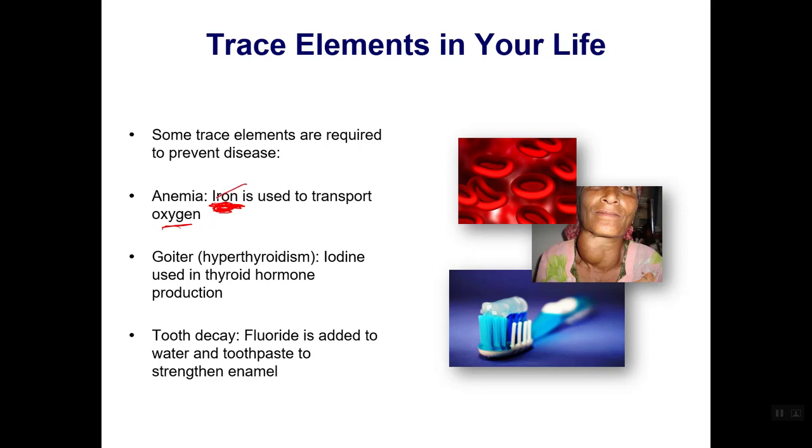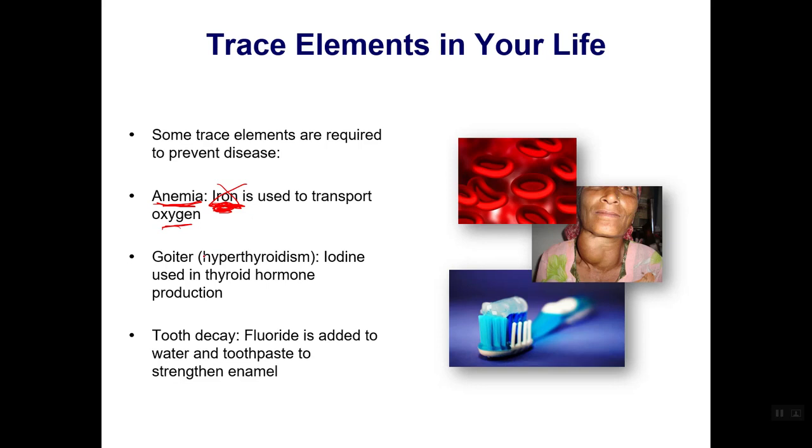And so in the absence of iron, that results in anemia. Anemia is a decrease in the oxygen carrying capacity of your blood. The most common type of anemia is iron deficiency anemia. So people that have iron deficiency anemia usually have to take supplements of iron, while most of us usually get it through our diet.